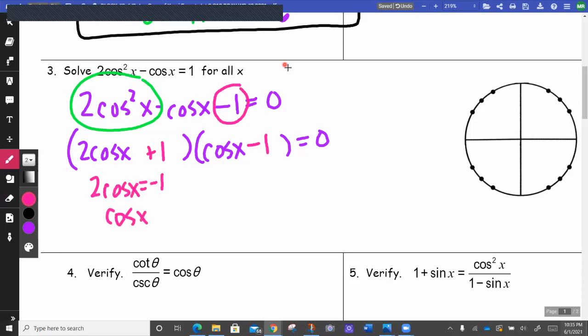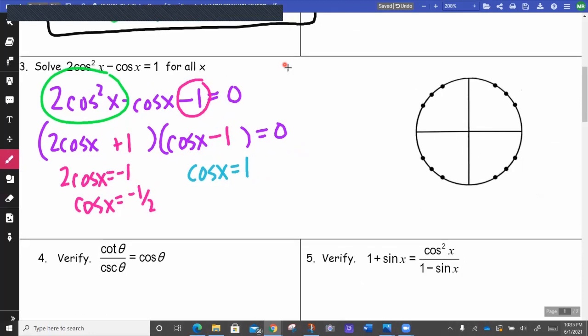So cosine x equals -1/2. My other one is going to be cosine x equals 1, and this is another for all. So let me start with the cosine x equals 1. That is going to be at 0 plus or minus 2 pi n.